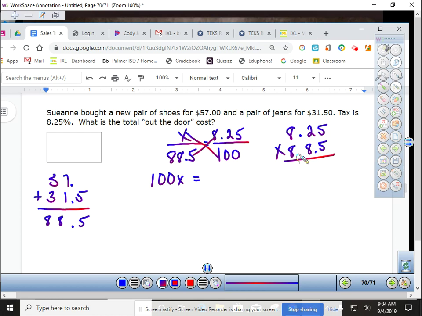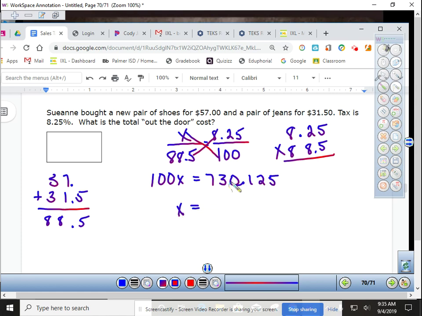It's 730.125. So if this were your homework assignment and you brought this to me tomorrow, you have shown your work. That is showing your work. And the next step is to divide by 100, and how do we do that?